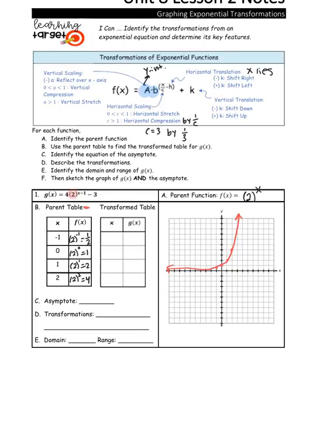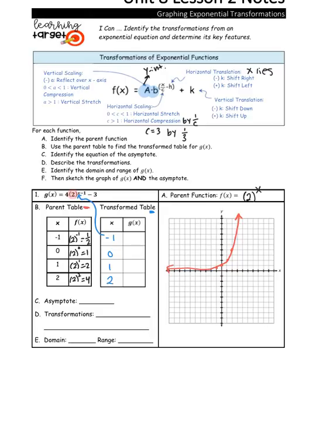And then let's do the transform table in blue. So for the transform table, I'll just use the same x values that I had before. And then you can either put this in the calculator or you can do it in your head. Basically what you're going to be doing is taking this x value and plugging it in for the x that's in your equation right there.